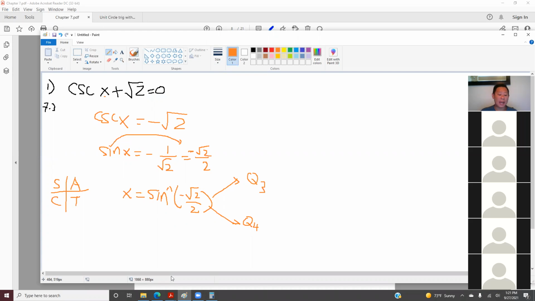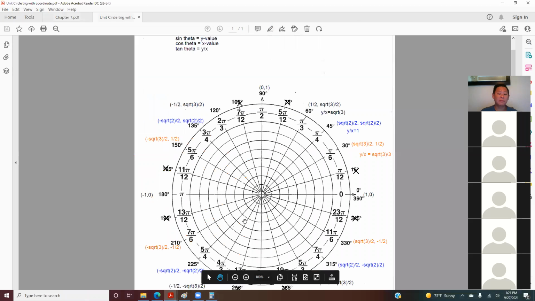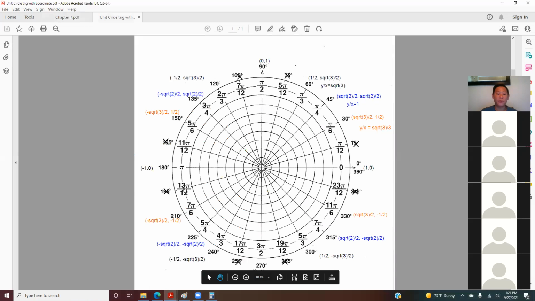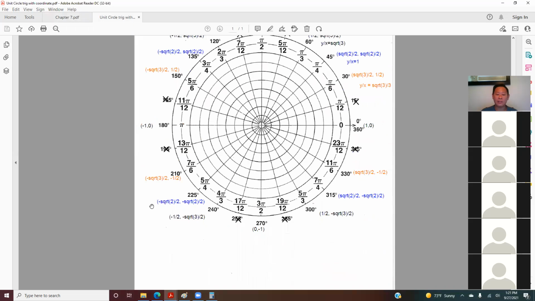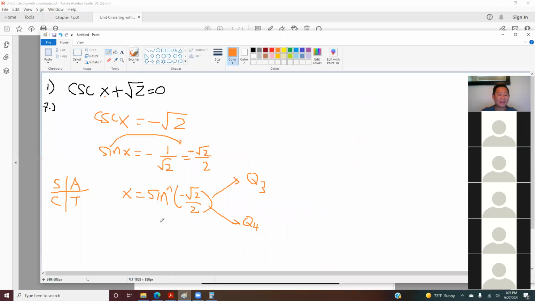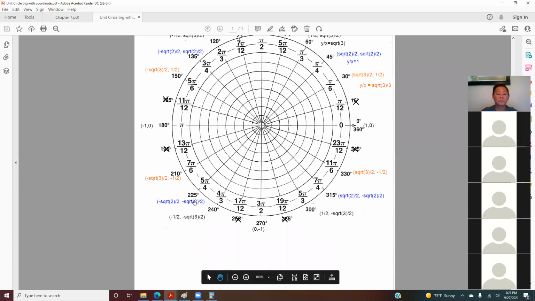So now we need to look at your unit circle again. Concentrate on quadrant 3 and quadrant 4. Sine, is that your x or your y value? Sine is your y value. So if you look at your y, this quadrant 3 here, which y value gives us negative square root of 2/2? Which y value gives us that? This fellow, right? Which should be what?